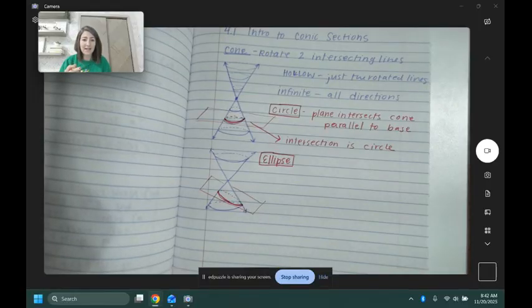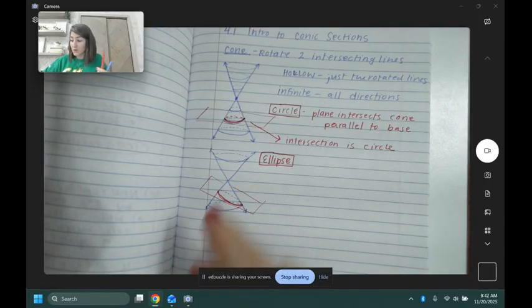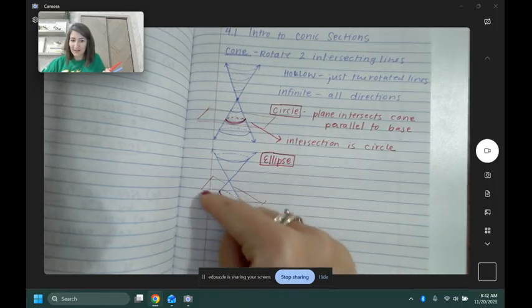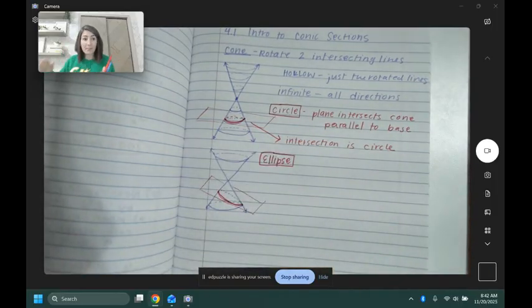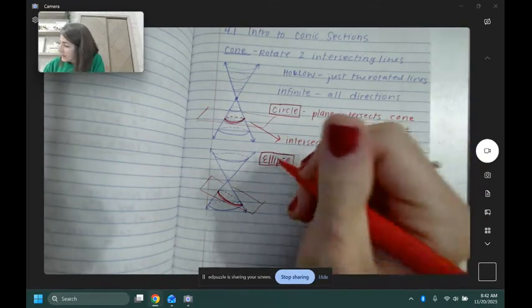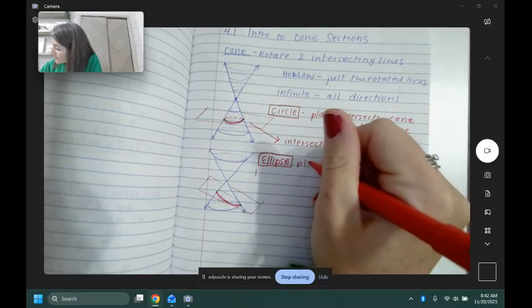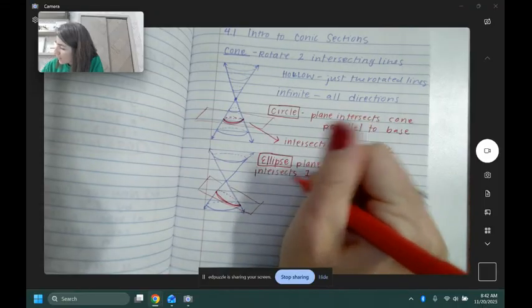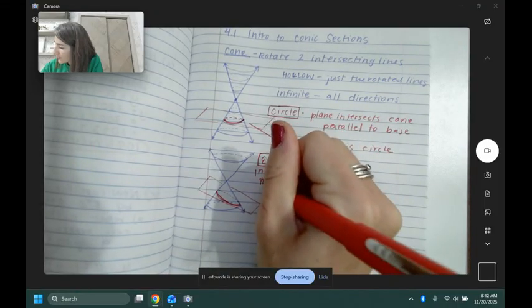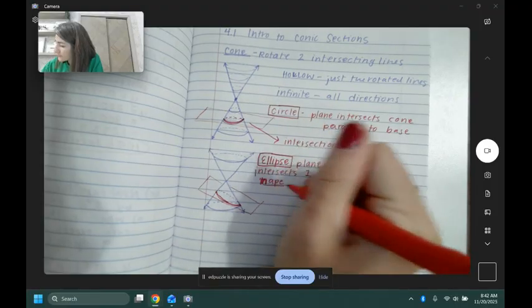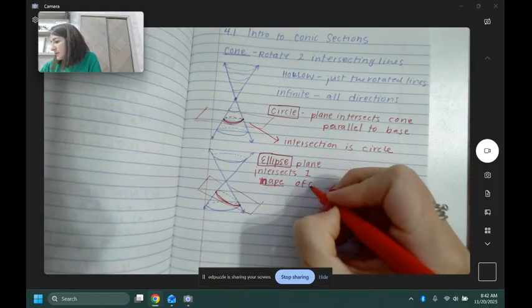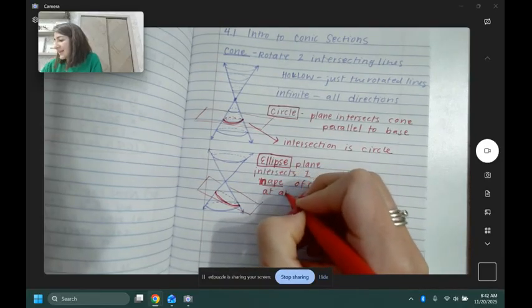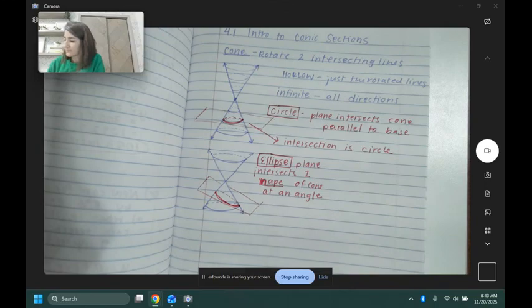When the plane intersects just one nappe of the cone, like the bottom nappe or the top nappe, at an angle, it forms an ellipse.